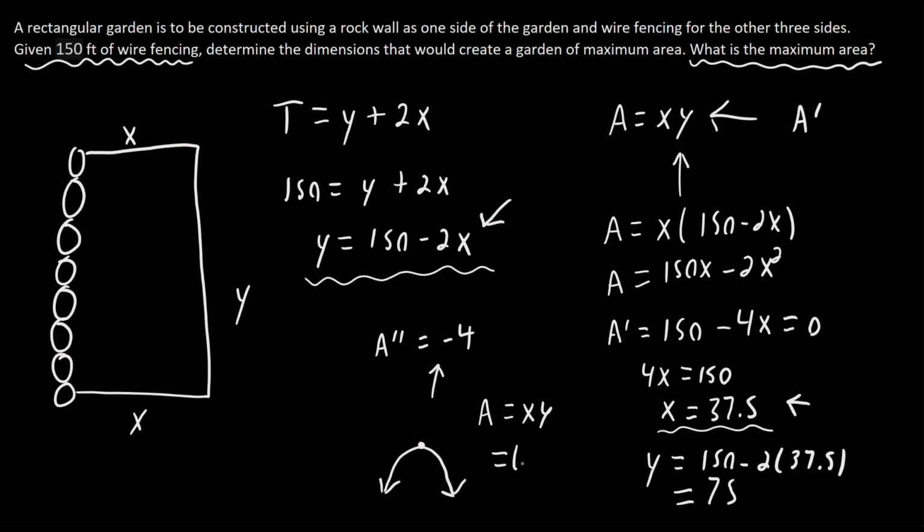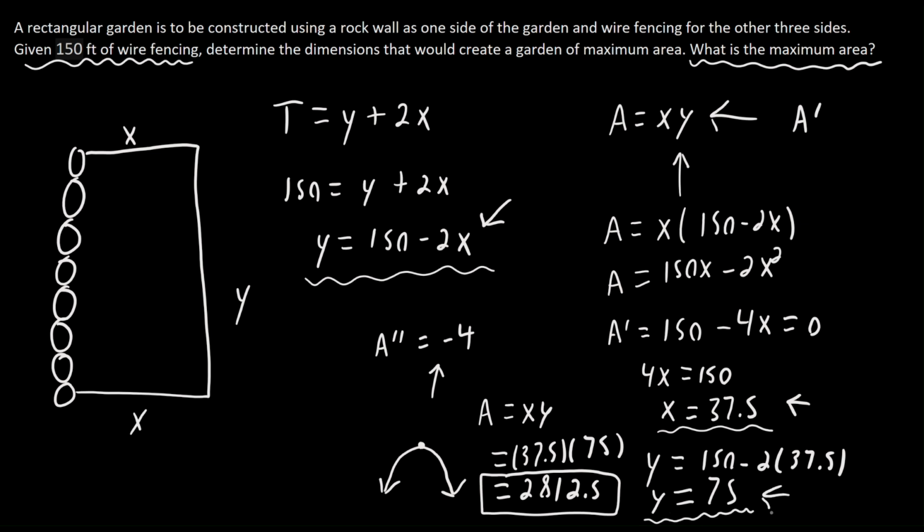So we're going to plug in 37.5 times 75 equals 2,812.5. So this is the maximum area that we could make with 150 feet of fencing. And the x and y are the dimensions of the garden.